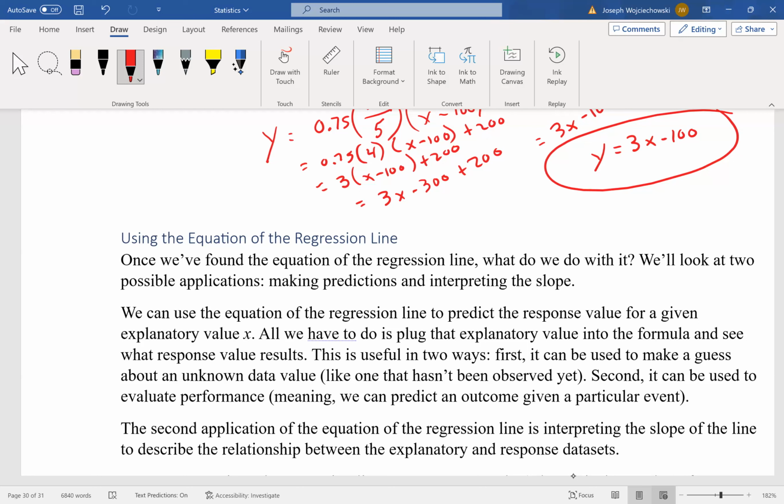All we do is plug the explanatory value into the formula and see what value results. This is useful in two ways. First, it can be used to make a guess about an unknown data value, like one that hasn't been observed yet. Second, it can be used to evaluate performance, meaning we can predict an outcome given a particular event.